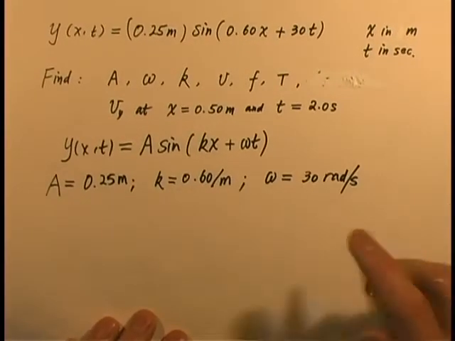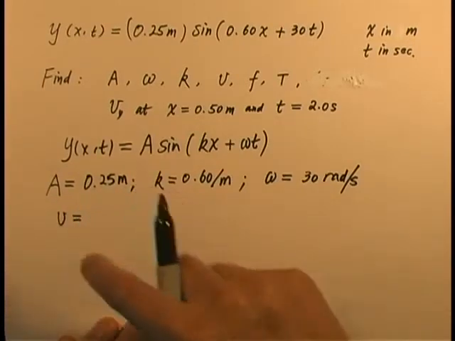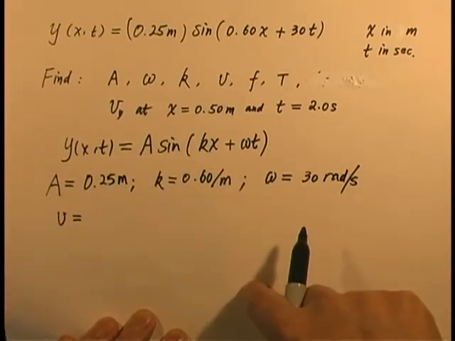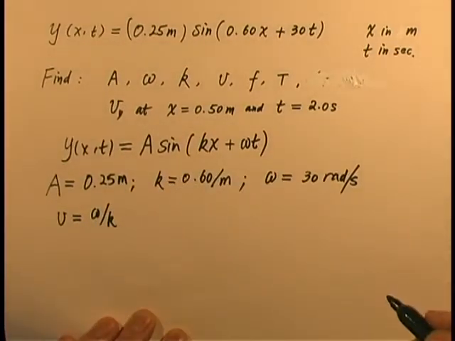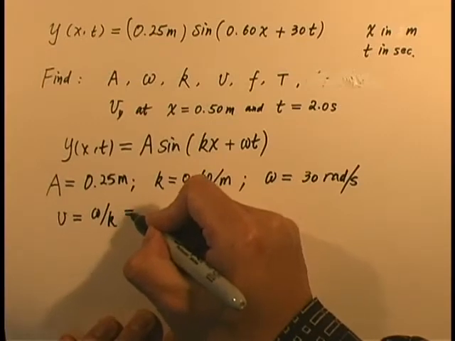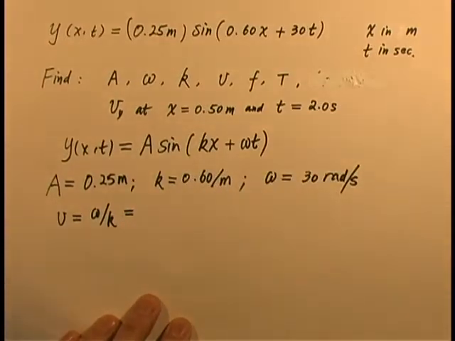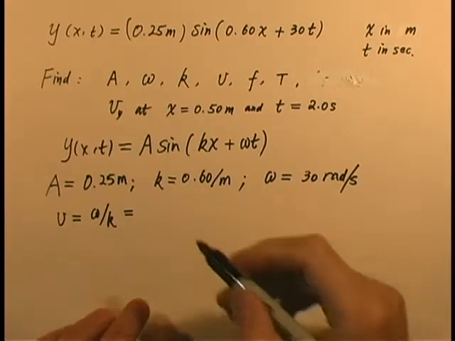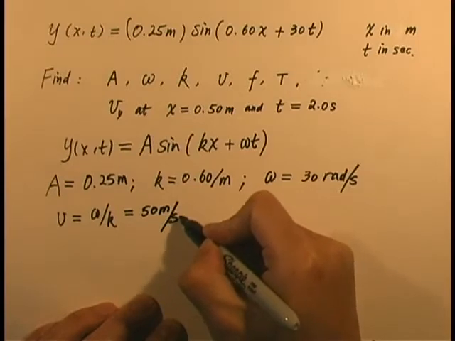Now recall that k times v equals omega. So isn't it true that v equals omega over k, if you solve for it? So you get 30 divided by 0.6, and that gives us 50 meters per second. That's the speed of propagation of the wave, 50 meters per second.